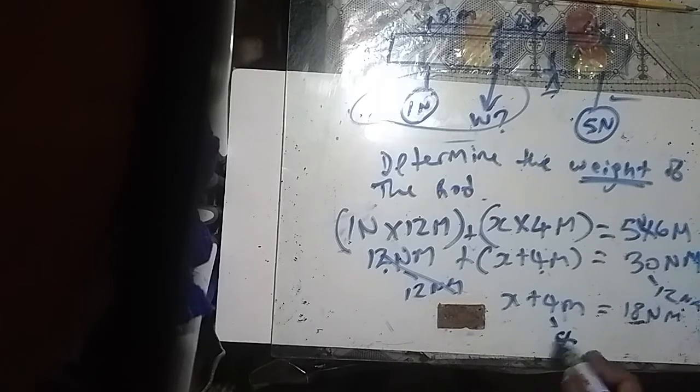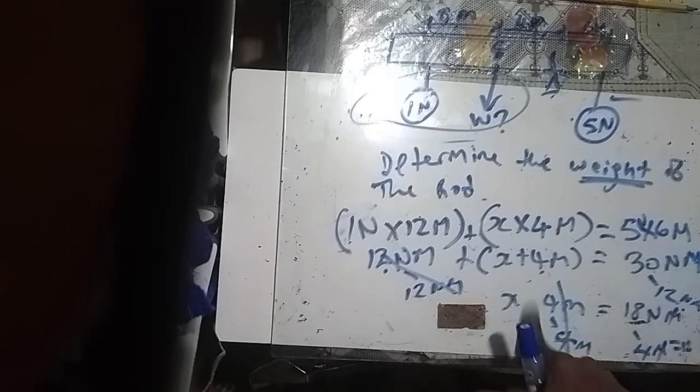So I subtract 4 meter from this side, cancel it, and I come over here and do it again from 18. So 18 minus 4 is equal to 12. And now the meter cancels the meter.